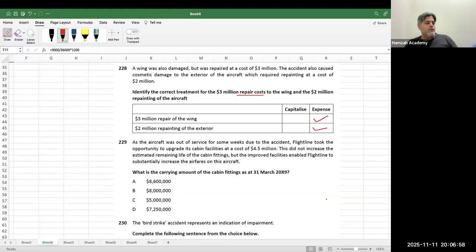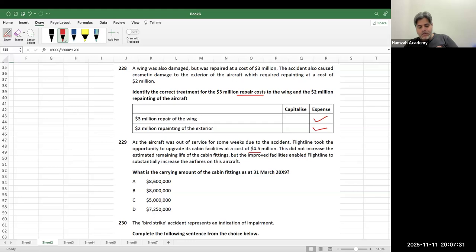Then 229, as the aircraft was out of service for some weeks due to the accident, Flightline took the opportunity to upgrade its cabin facilities at a cost of 4.5 million. This did not increase the estimated remaining life of the cabin fittings, but the improved facilities enabled Flightline to substantially increase the airfares on this aircraft.